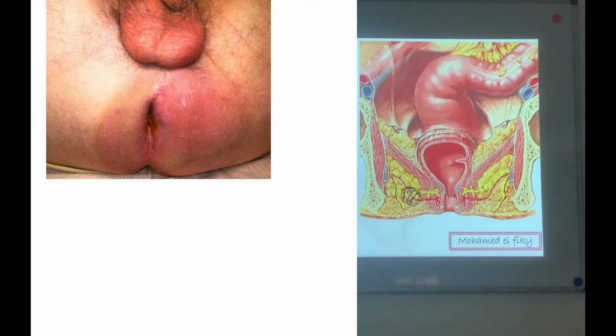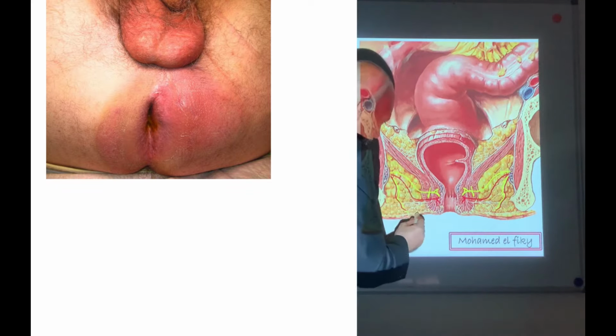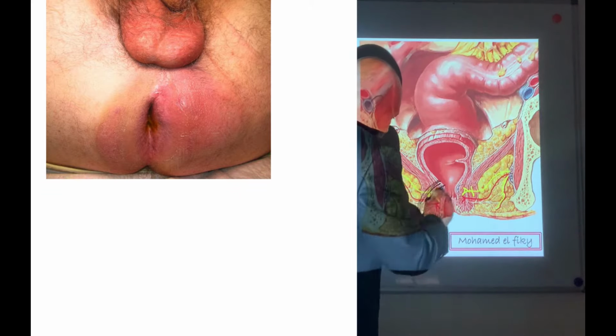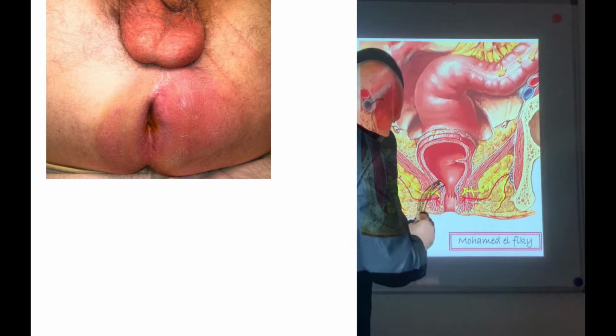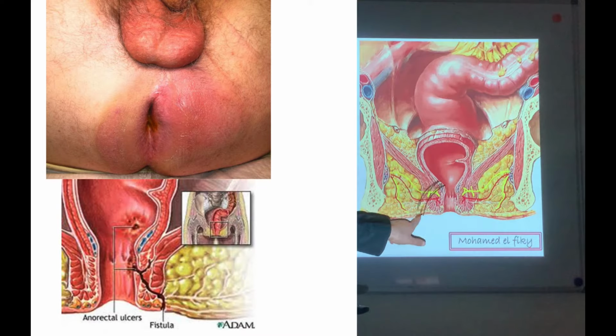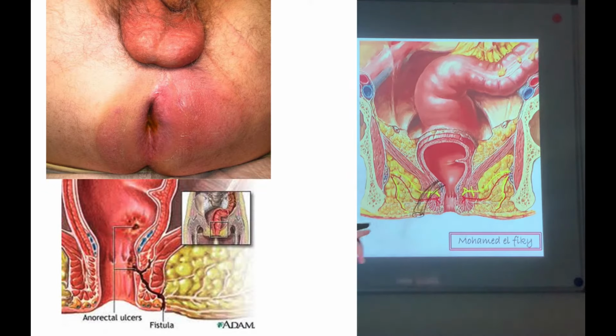The perianal abscess may lead to a canal present from this area due to chronic abscess, so there is an opening near the anal canal called perianal fistula.